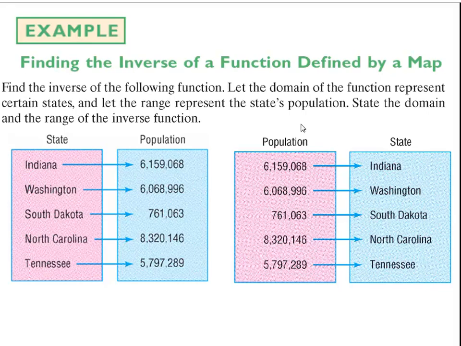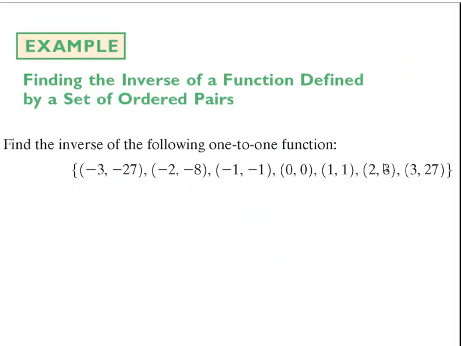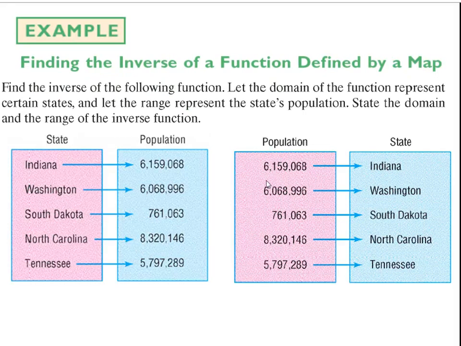So it's just kind of interesting to point out that what was an input for the function f is now an output for the function f inverse. So if I was going to state the domain and range of the inverse, the domain are all of these values and the range are all of these values for the inverse function.